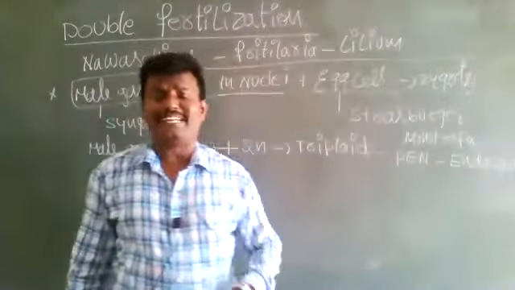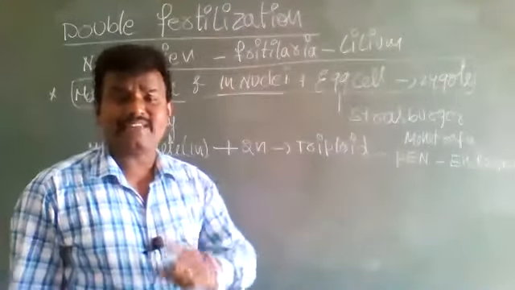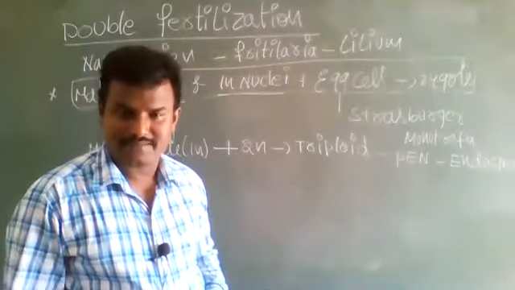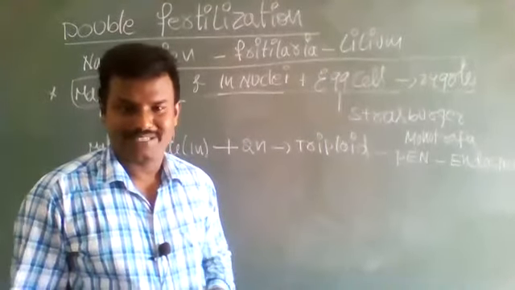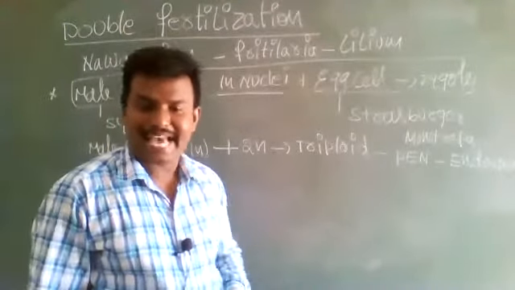Since two sets of fertilization occur in the embryo sac, it is the characteristic feature of the flowering plants, the angiosperms. It occurs only in angiosperms.